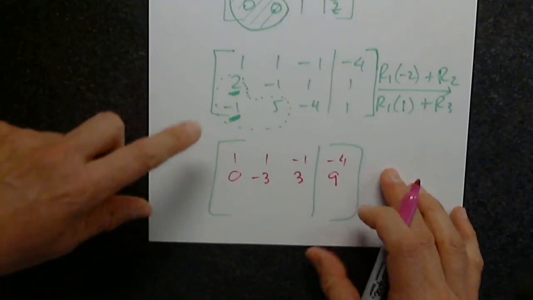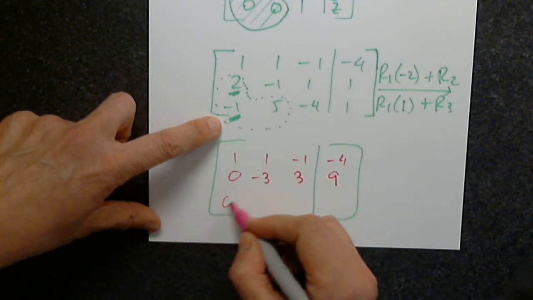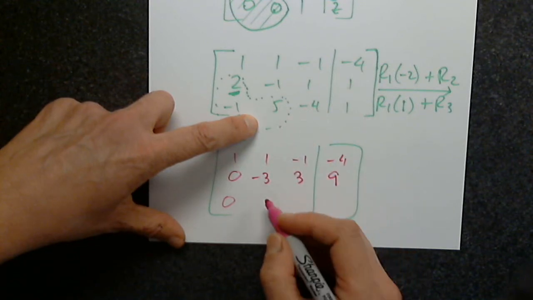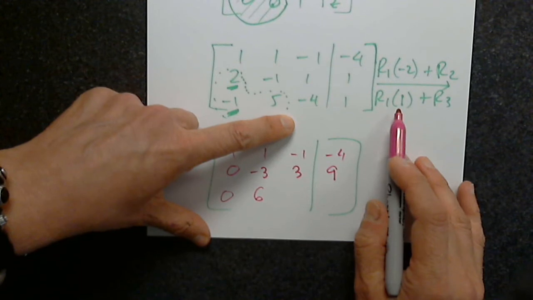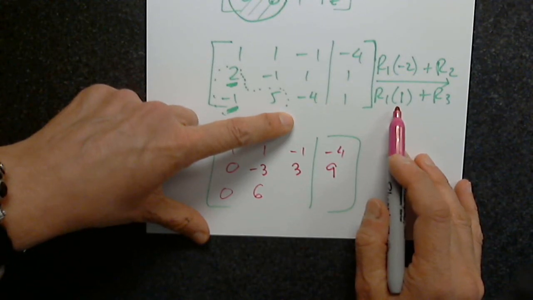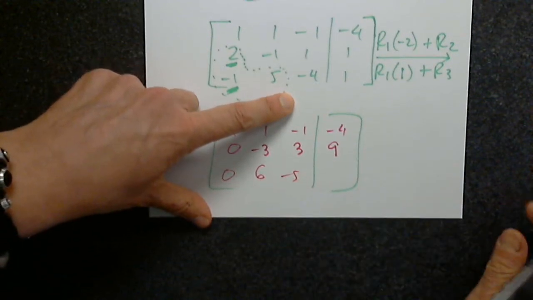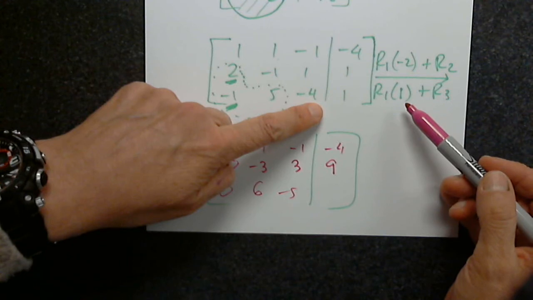Excellent. 1 times 1 minus 1. 0. Excellent. 1 times 1 plus 5. 5. Oh, 6, sorry. Perfect. -1 times 1. 1. -1 minus 4. Perfect. Oh, row 1 is negative. Okay. -4 times 1, -4.